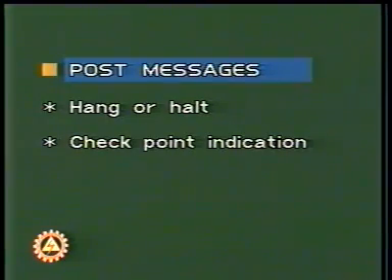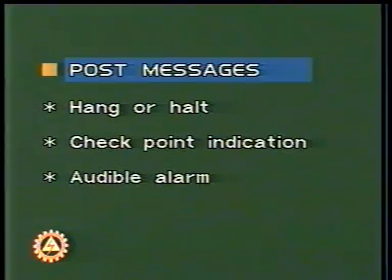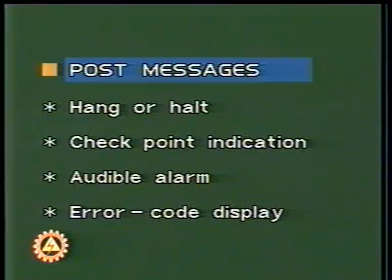POST messages are different depending on its progress, namely hang or halt, indicated by an instruction address floating on the bus. Checkpoint indication observed by outputting a known number at some specific port. Audible alarm via a speaker or a buzzer, often at various frequencies, and error messages on an LCD display or CRT monitor.